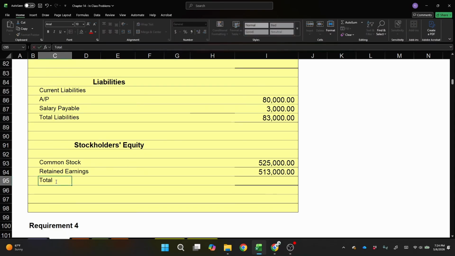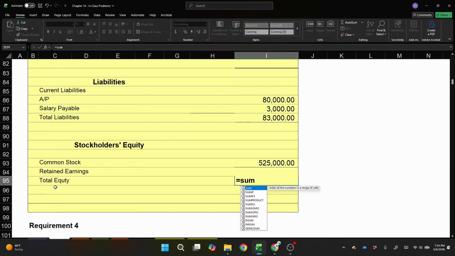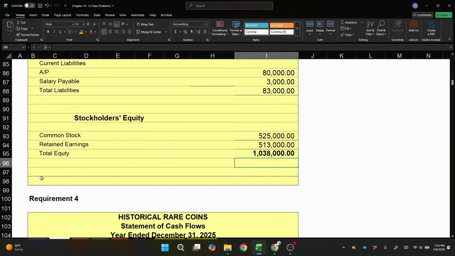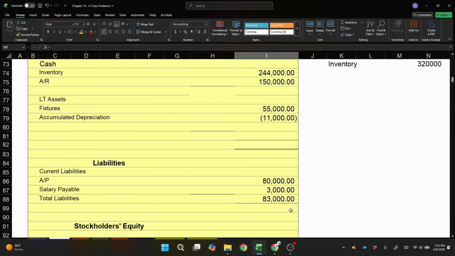So our total equity, so our total liabilities plus equity is equal to this plus this. So that is right.